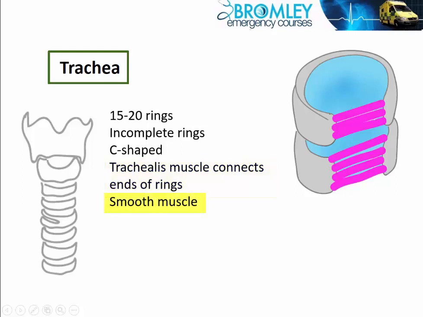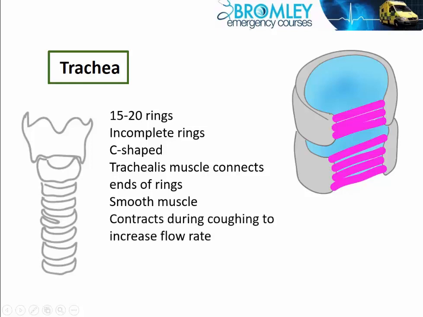It's not skeletal. We haven't got direct voluntary control over it. But whenever we cough, this muscle is activated to constrict the trachea and to speed up the flow of air to improve the function of coughing in shearing mucus off the lining of the trachea, off the tracheal wall. So that's the trachealis muscle.